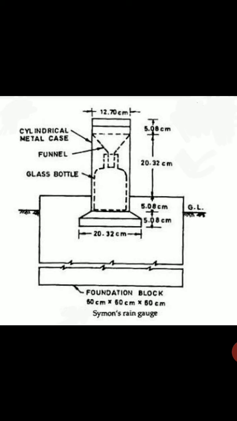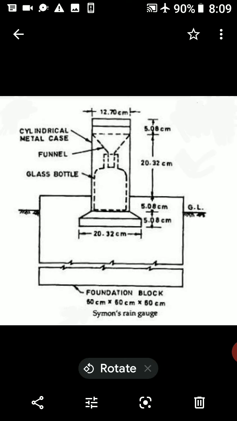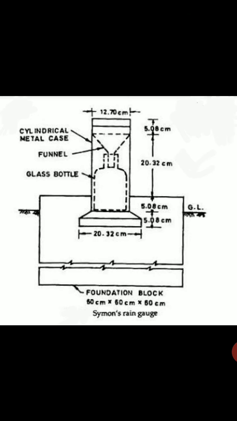The case of the rain gauge is fixed in masonry or concrete foundation such that the funnel rim is exactly 305 mm above the ground level. The rainwater enters the bottle through the funnel and gets collected in the bottle.